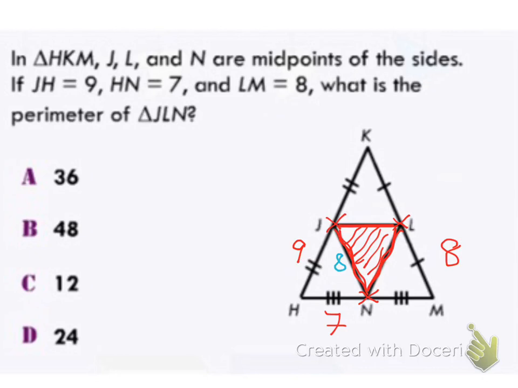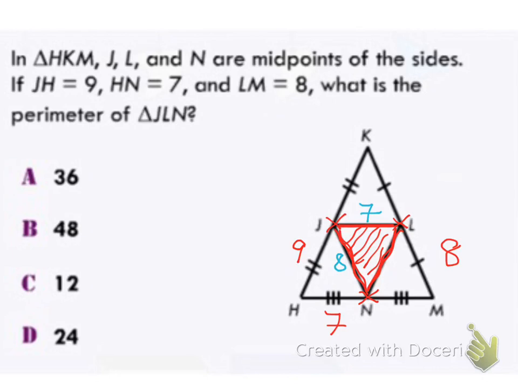Okay, look at JL. I know that JL is half the length of HM. Well, HN is half the length of HM, and if HN is 7, so is JL. Okay, lastly, I know that LN is half the length of KH.